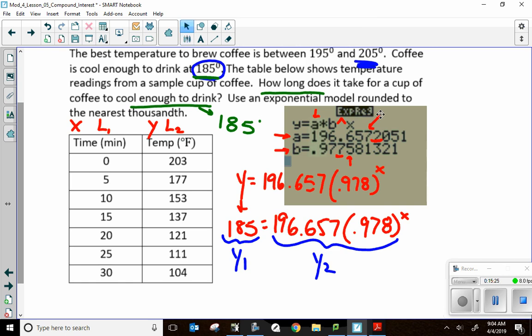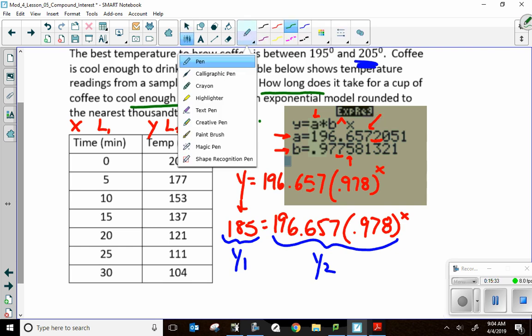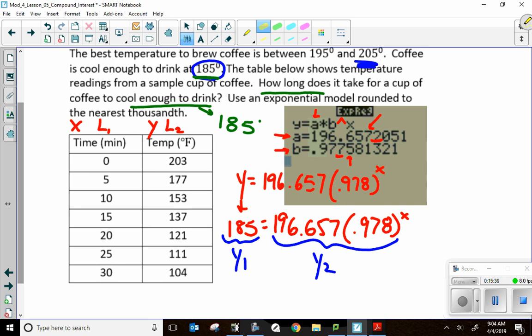All right, now let's just make an educated guess right now. Where on our table here in temperature does 185 degrees fall? Okay, they want to know when it's going to be 185. Well, I hope you know 185 should fall right between the 203 and 177.